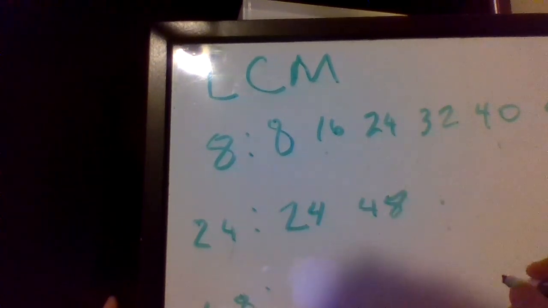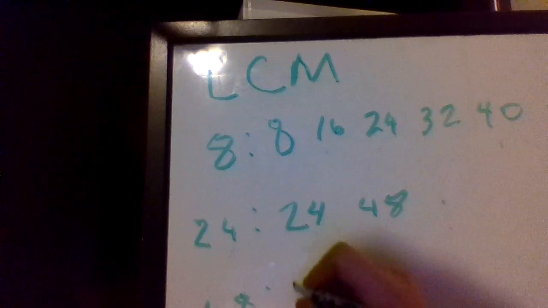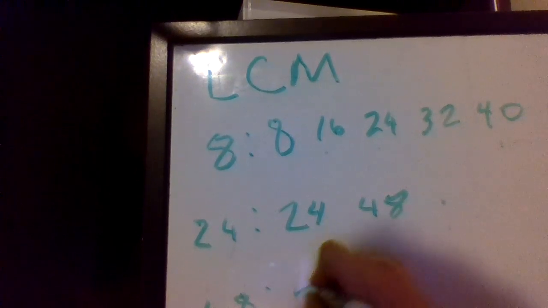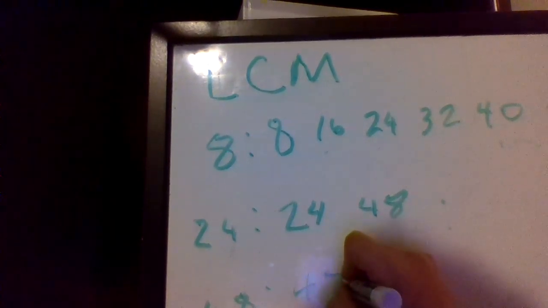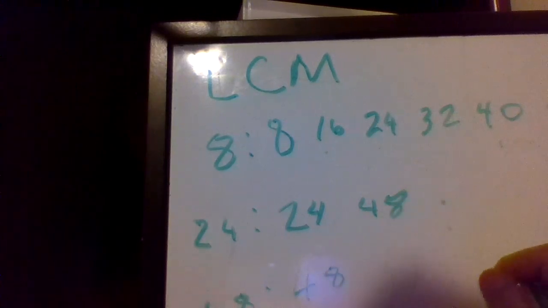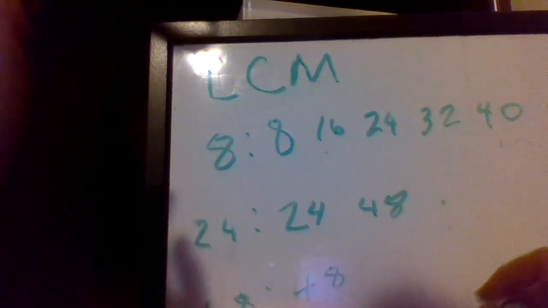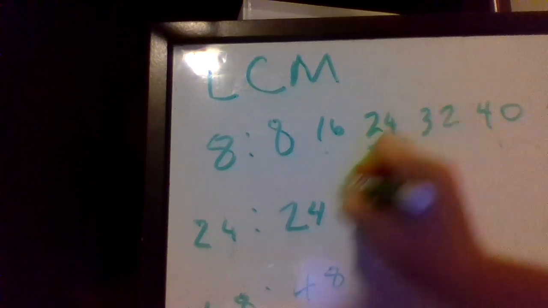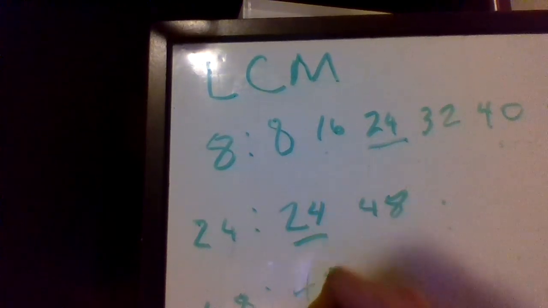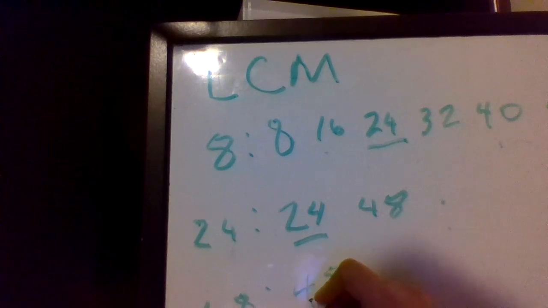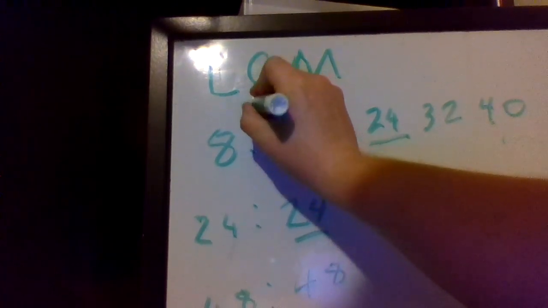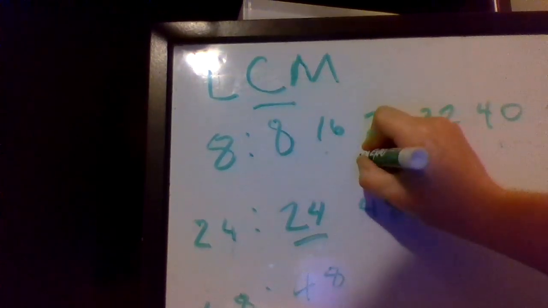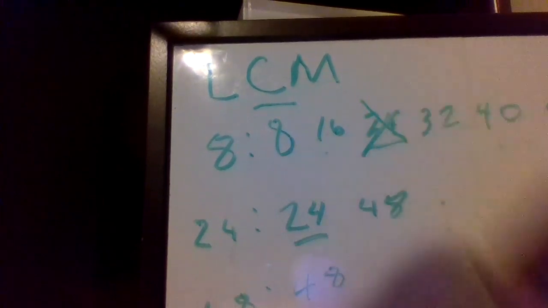So now let's see what happens. 48 times 1 is 48. Alright. Now I'm going to stop there. And I'm going to tell you why. So here we've got a 24 here and a 24 here. But we don't have a 24 here. So that means that can't be our common multiple. So we're going to mark 24 out.